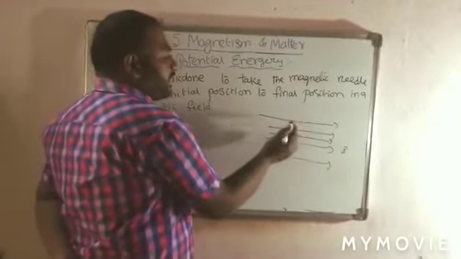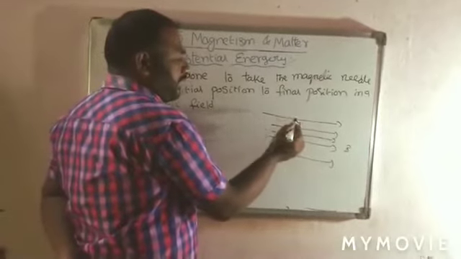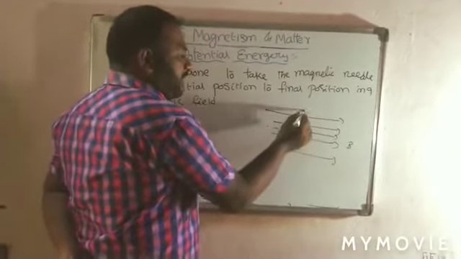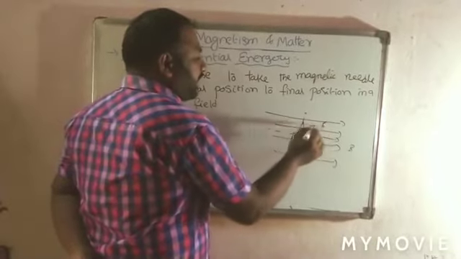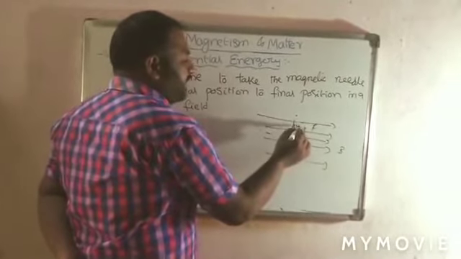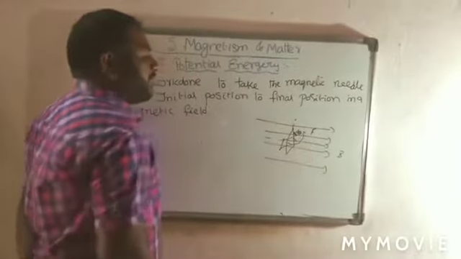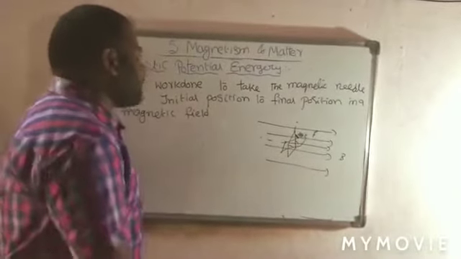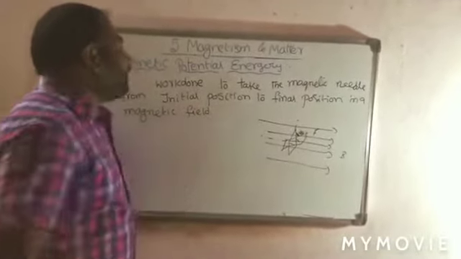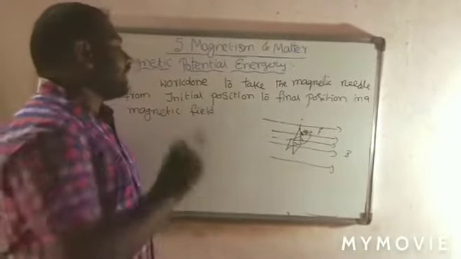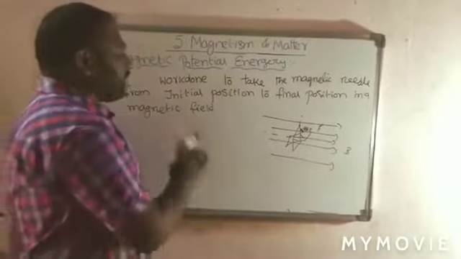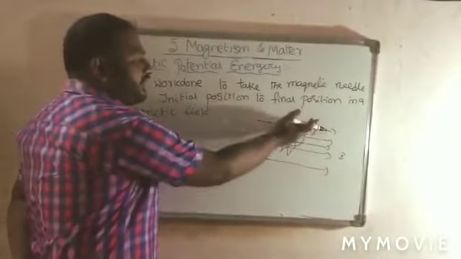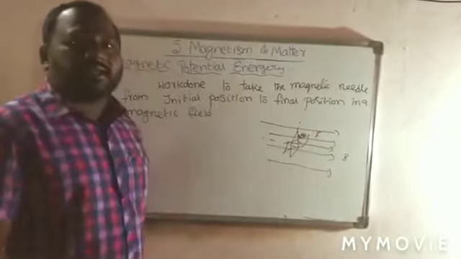Due to that work, the compass needle changes its position from the initial position to a final position. This is known as the angular displacement d theta. Now we define the magnetic potential energy as the work done to take the compass needle from initial position to a final position in the given magnetic field.